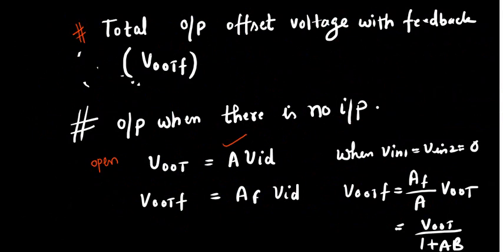But now you have applied feedback, so at the output you will get this, correct? If you divide, what will you get? That the offset voltage with feedback decreases, correct? It is a desirable quality, right? You can now adjust it using offset null and remove it, no?